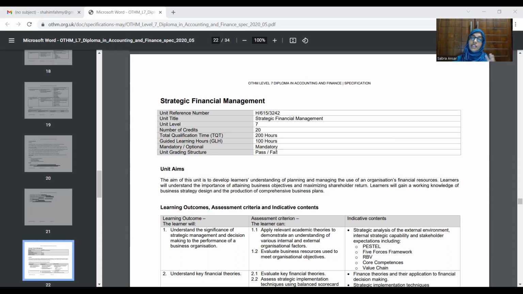So basically, this is a strategic financial management module. It is not necessarily an accounting module. Actually, it has a lot of management related sections. One of the main aims is to help learners understand how to plan and manage the financial resources.